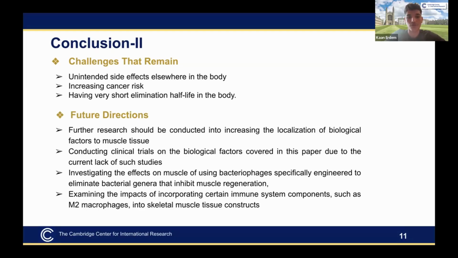The investigation of the effects on muscle of using bacteriophages, specifically engineered to eliminate several negatively impacting bacterial genera, should also be looked into, as there are no current studies on that, and that was a novel idea that I have shared in my research.